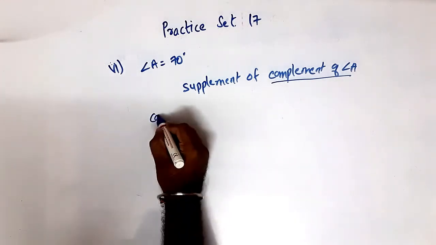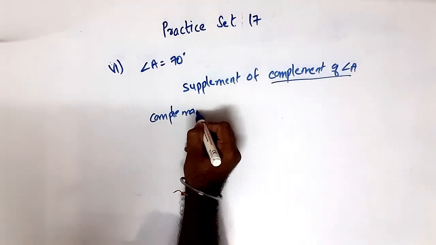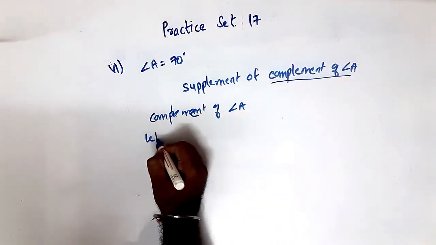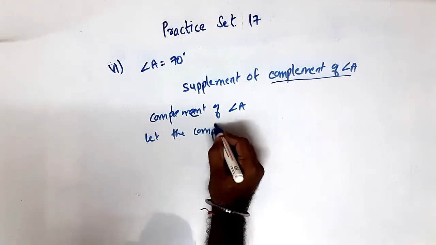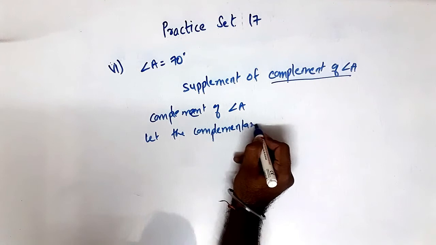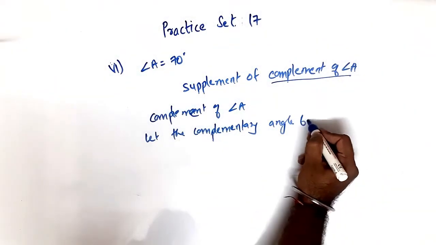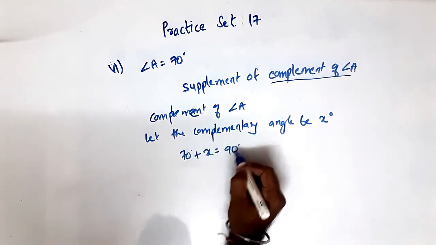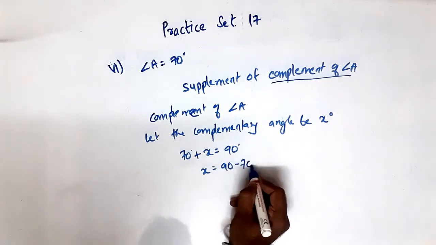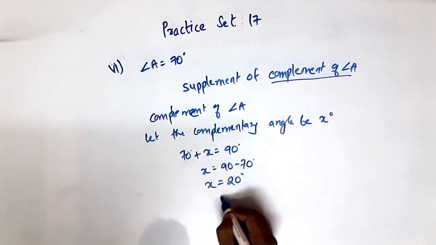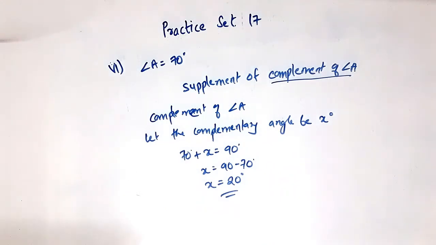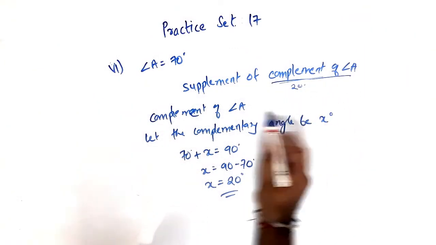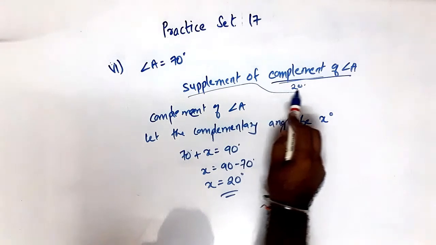Now let us find the complement of angle A. Let the complementary angle be x. So 70 plus x equals 90 degrees. What is 90 minus 70? It is 20 degrees. Now we got this as 20. We have to find the supplement of this.